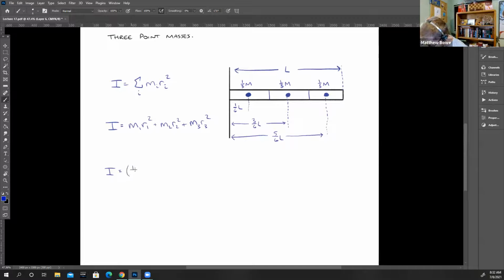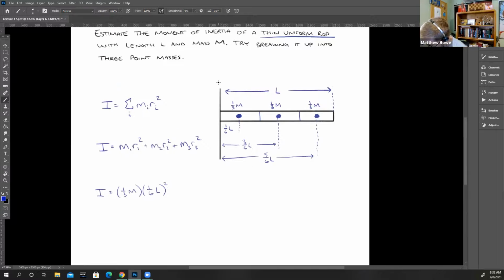Equals, for that first one, 1/3 the total mass. It is a distance 1/6 from the axis of rotation. I want to also add that, axis of rotation, just because.